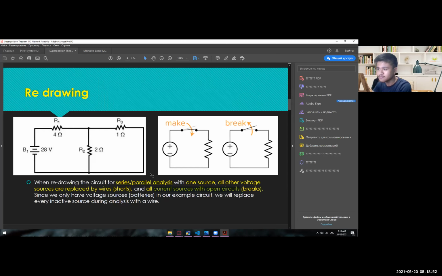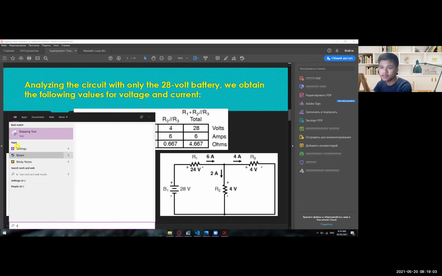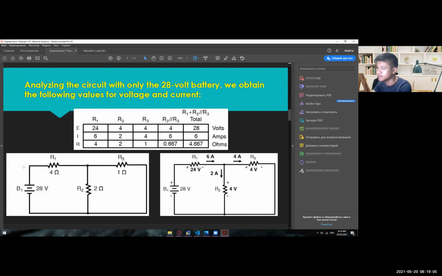That's your first step, and having now this circuit, here's the result. Let's have our own solution for this one.